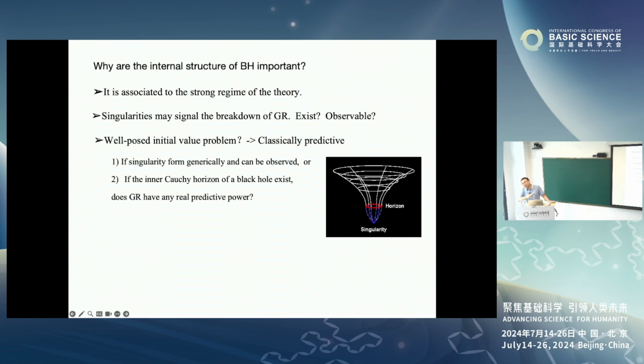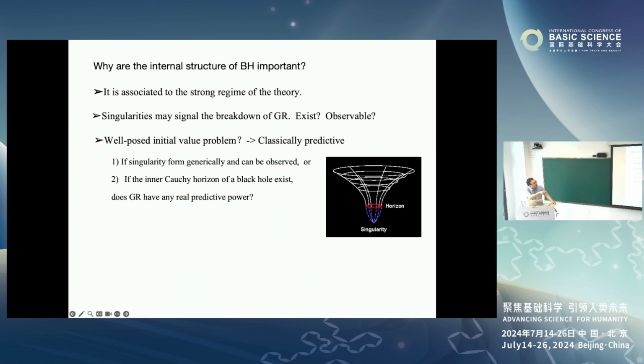If the singularity does exist and can be observed, what will happen? And the last one: as a good theory, we want to make a prediction given the initial condition, right? That's called classical predictability, if a theory is a good theory.